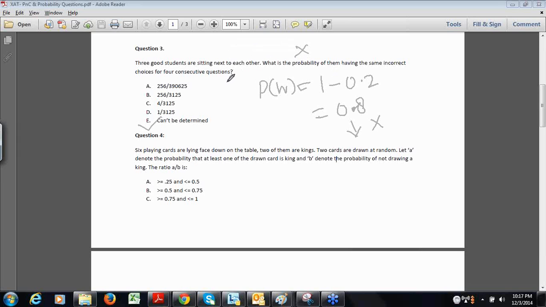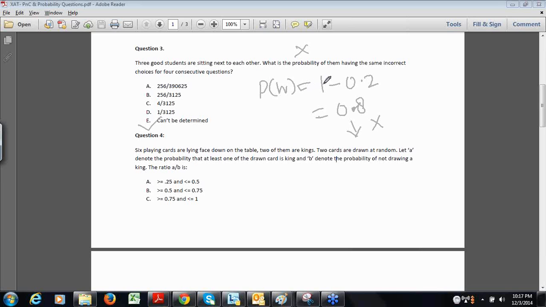We want to find the probability of selecting a wrong answer. The probability of selecting a wrong answer will be 1 minus 0.2, which will be equal to 0.8. But there is also a possibility that the student does not attempt all the questions at all. So we cannot find the probability in this question.